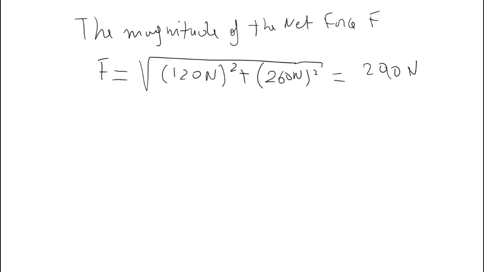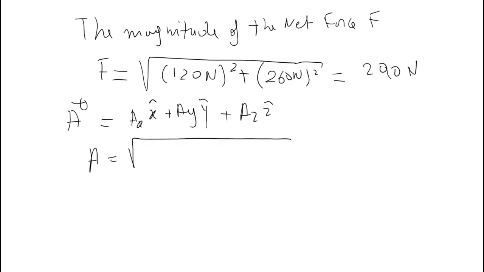Now, the magnitude of any vector. Let's say a vector has 3 coordinates. Let's say this vector, I call it A, has Ax in x direction plus Ay in y direction plus Az in z direction. The magnitude of this vector will be the square root of Ax squared plus Ay squared plus Az squared.